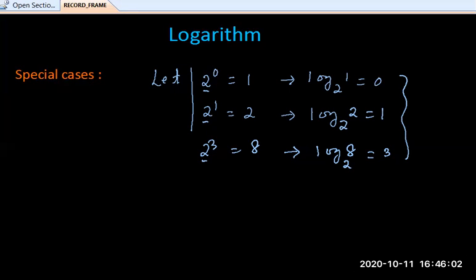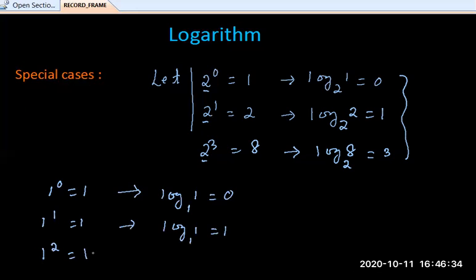If we take the base as 1, what do we get? 1 to the power 0 is equal to 1. We can write log base 1 of 1 equals 0. Obviously, that's true. 1 to the power 1 is equal to again 1, so we can write log base 1 of 1 equals 1. If we take 1 to the power 2 is equal to 1, we can write log base 1 of 1 equals 2.